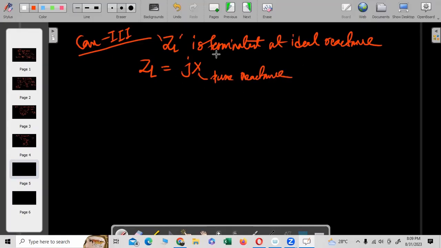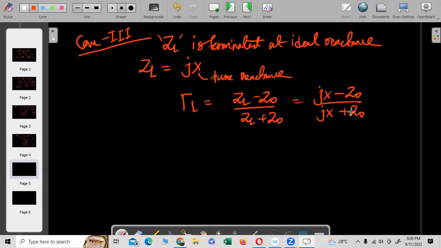So gamma L is (ZL minus Z0) divided by (ZL plus Z0), that is (jX minus Z0) divided by (jX plus Z0), correct? Now, what will be the mod of gamma L? Always do it in terms of absolute value. So the mod again comes 1, because it will be the square root of X squared plus Z0 squared in both numerator and denominator. Both are coming 1.